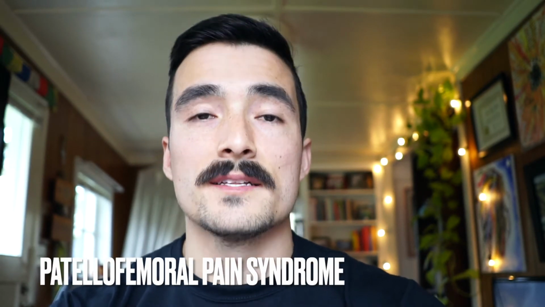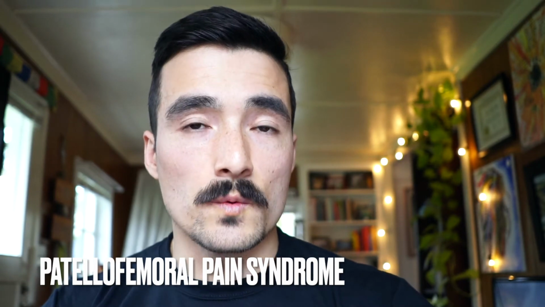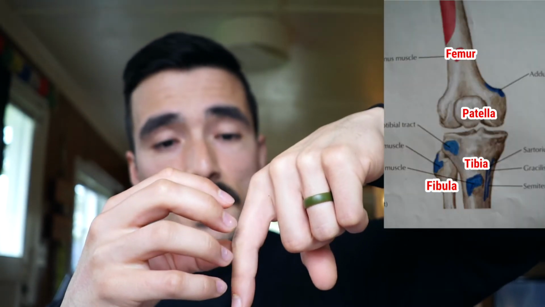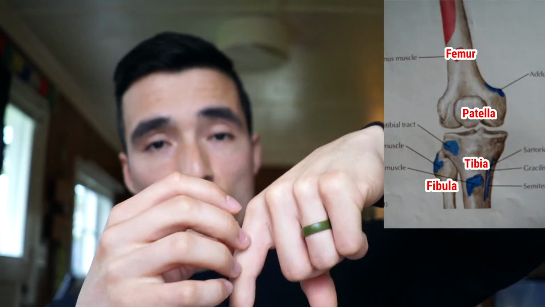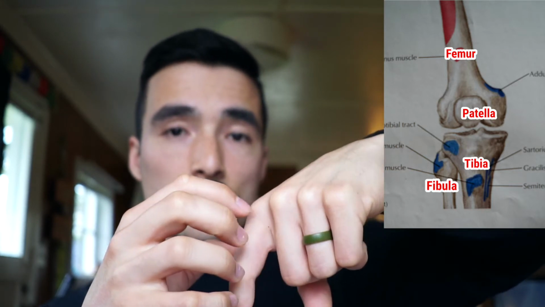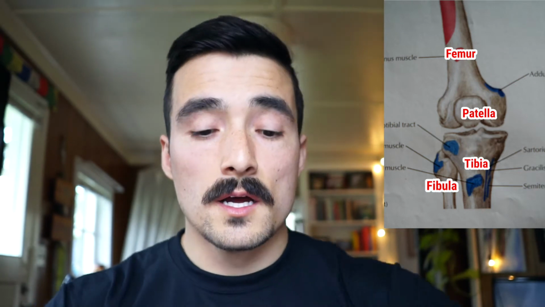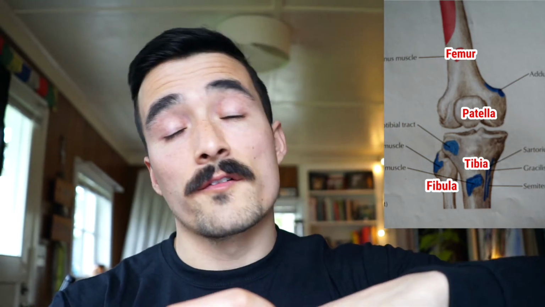Number 3, we have PFPS, also known as patellofemoral pain syndrome. Usually this is associated with some weakness in the quads. Your kneecap sits right here, and because it's connected to the quad on top, if the quads are weak, the kneecap or the tendon will get pulled to one side, which creates irritation as the patella runs on top of the femur.